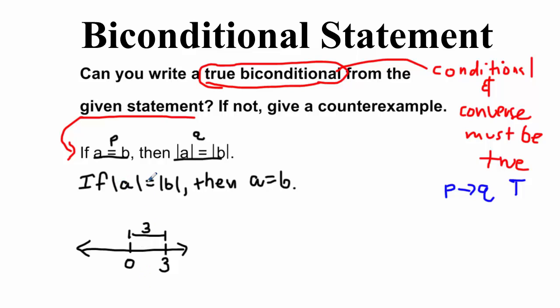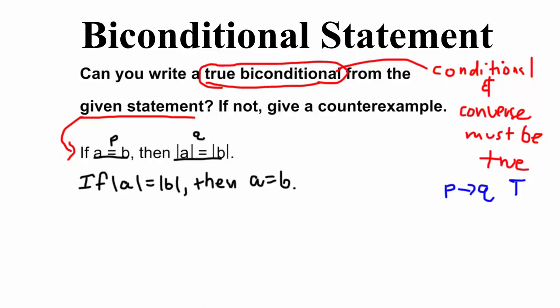So if I pick two numbers that have the same absolute value, there's actually one more number that has the same distance to 0. That would be negative 3, because the distance from negative 3 to 0 is also 3 units. So the absolute value of negative 3 and the absolute value of 3, meaning the distances of these two numbers to 0, are equal to each other.